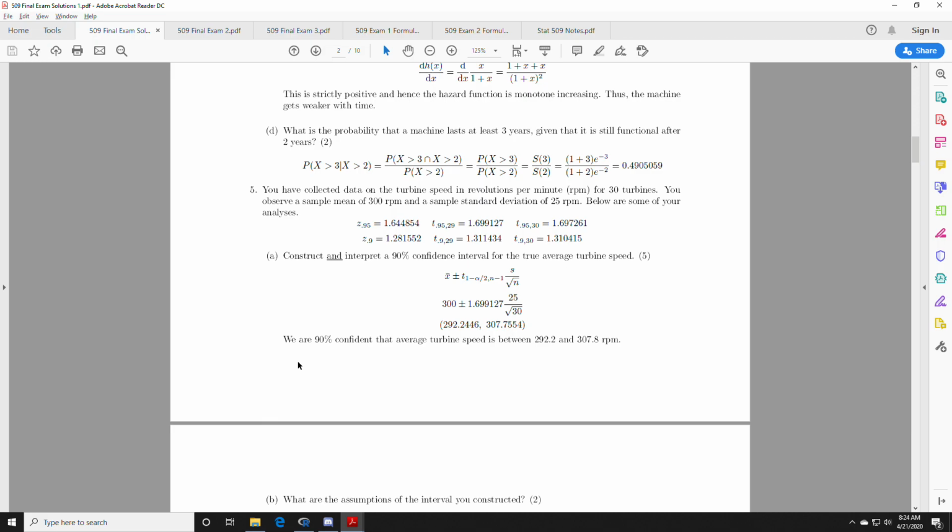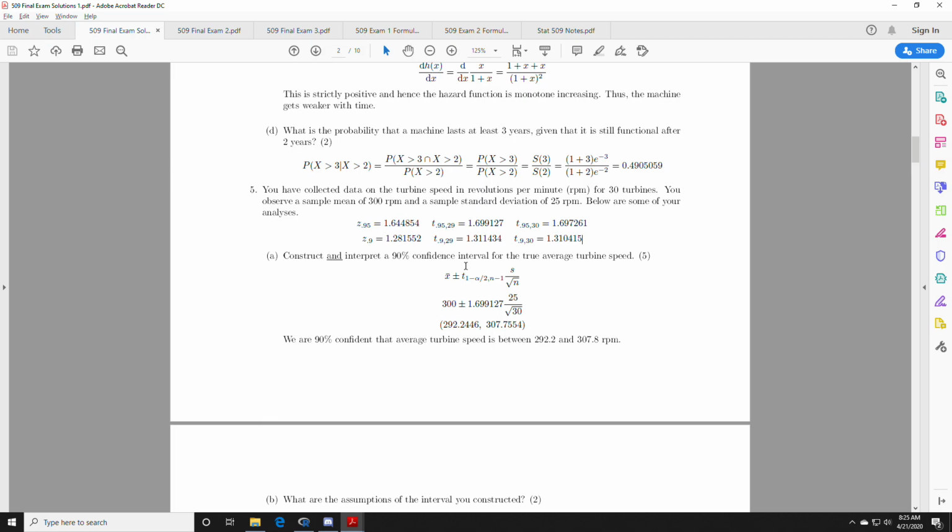I'm not going to give you a question where I give you a bunch of these numbers. What I'm going to give you is a data set, and expect you to be able to analyze the data in R and come up with the confidence interval. But let's look at it.